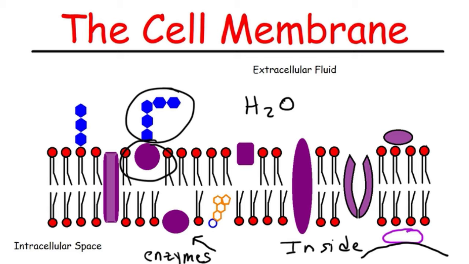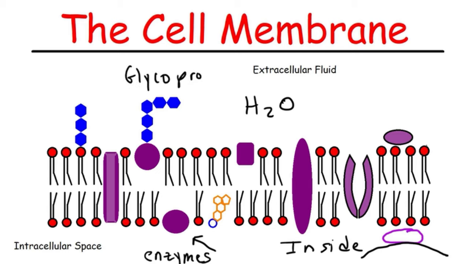So we have a carbohydrate attached to a protein. So this is called a glycoprotein. Many glycoproteins, which are found on the surface of cellular membranes, play a role in the immune system with antibodies. They function in self-recognition and cell-to-cell interactions.